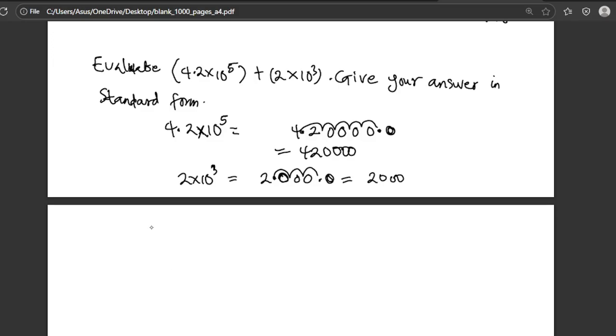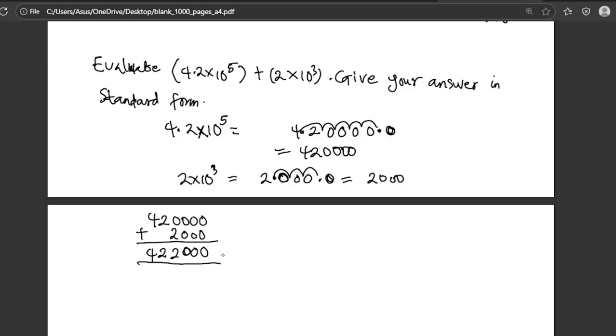Let's now add 420000 plus 200. That gives 420200. They are done adding.